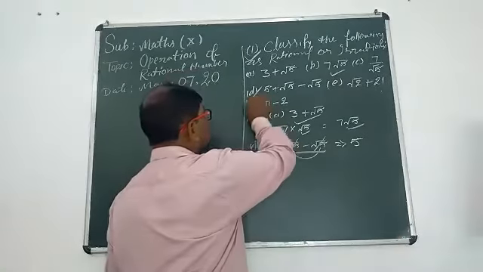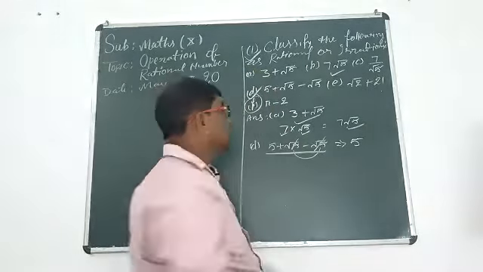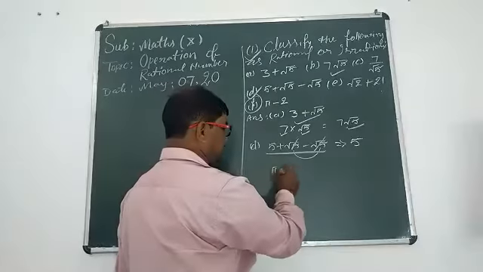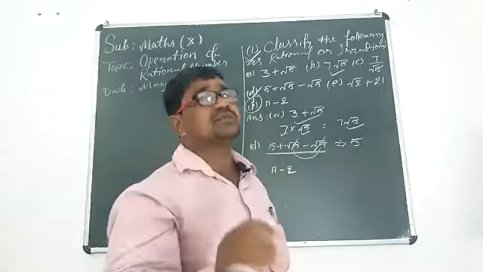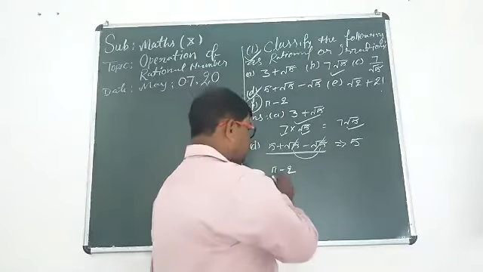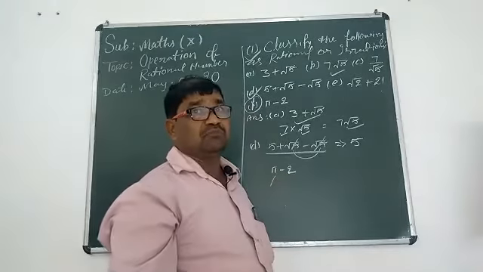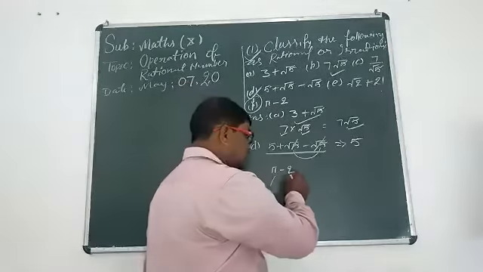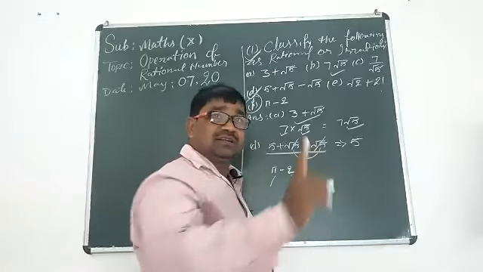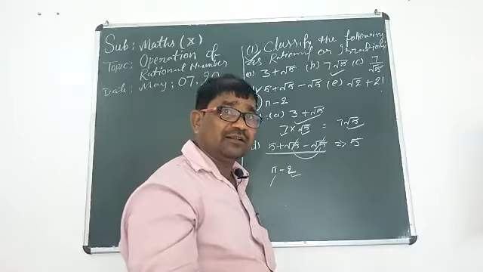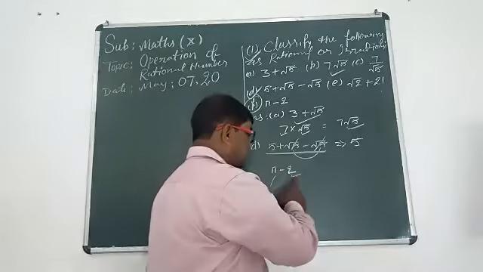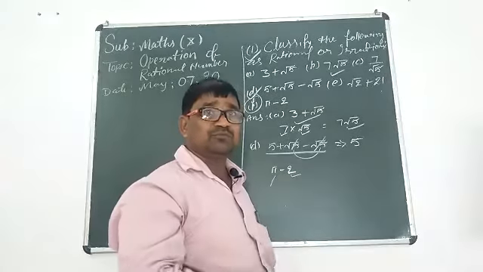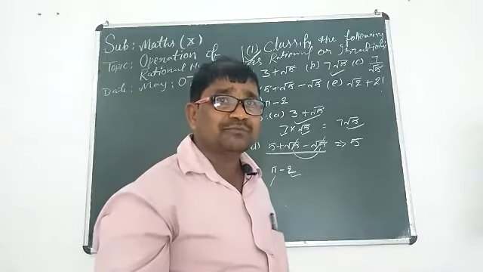Now we should think about F: pi minus 2. Students, pi is irrational and here 2 is rational. So the difference between irrational and rational is always irrational.